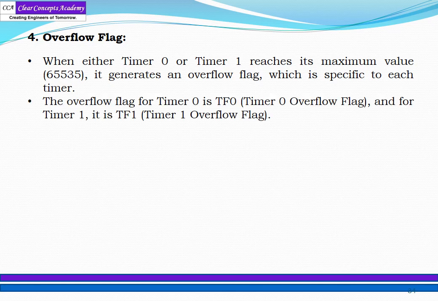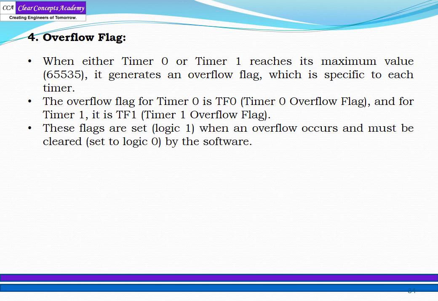The overflow flag for timer 0 is TF0, and for timer 1 it is TF1. These flags are set to logic 1 when an overflow occurs and must be cleared to 0 by software.